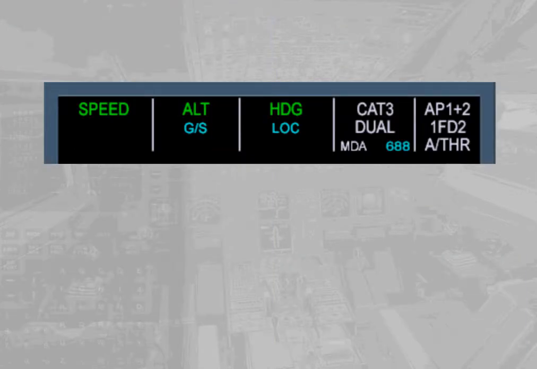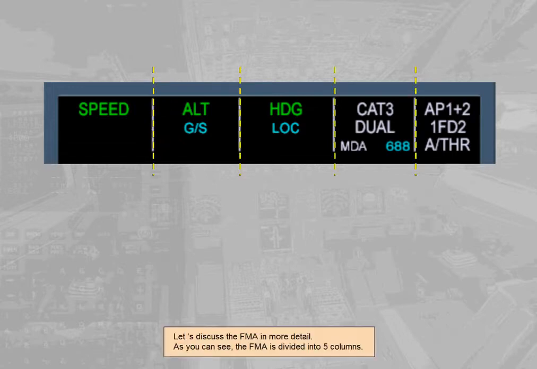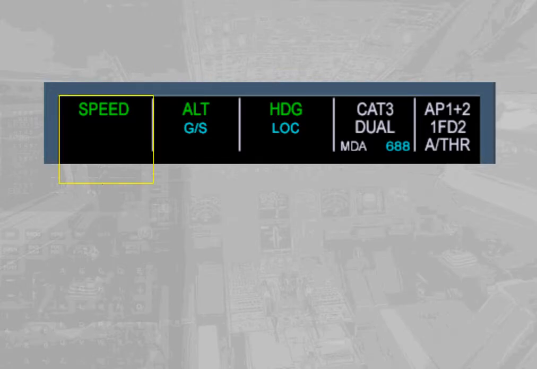Let's discuss the FMA in more detail. As you can see, the FMA is divided into 5 columns. The first column is dedicated to thrust. This is where the auto-thrust modes appear. The second one displays the vertical modes of the autopilot and flight directors.